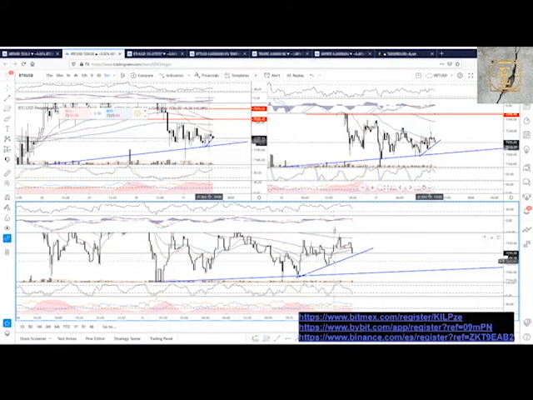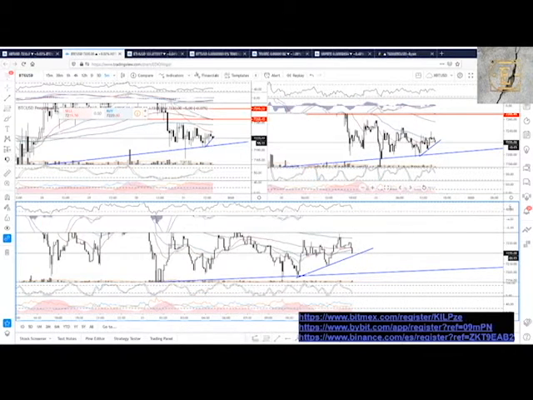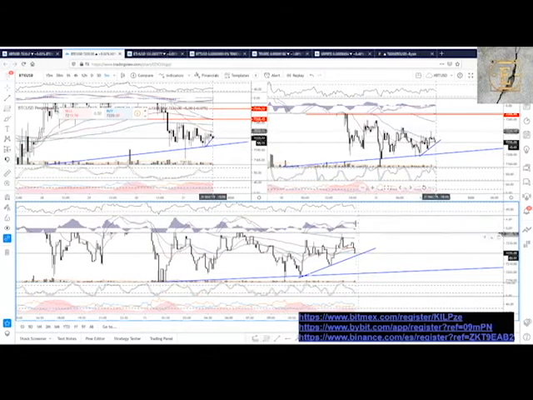Bulls are dead now, I think. Maybe I'm wrong. I don't like this stochastic, but there's plenty of room on RSI to go to the oversold.